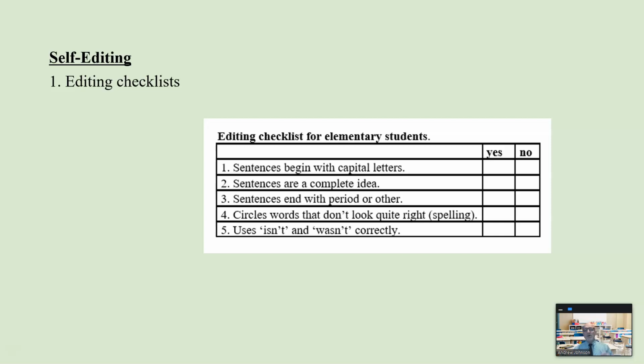Now, there's a couple simple tricks here for self-editing to teach students how to do this. Grades 1 through graduate school, give them a simple checklist. And the checklist should contain the things that you are teaching. Now remember, we do teach skills, many lessons in the context of the writing.